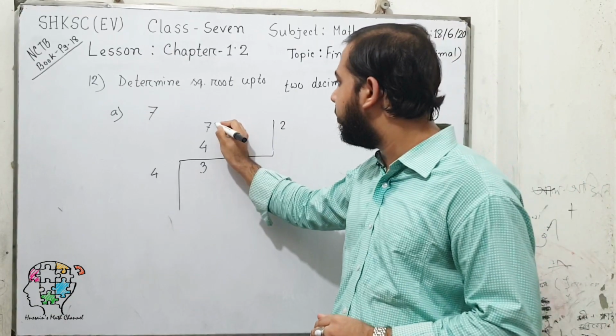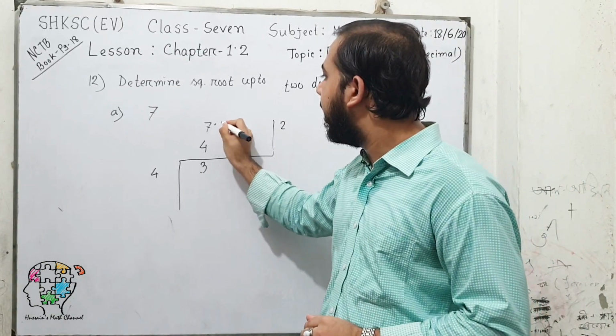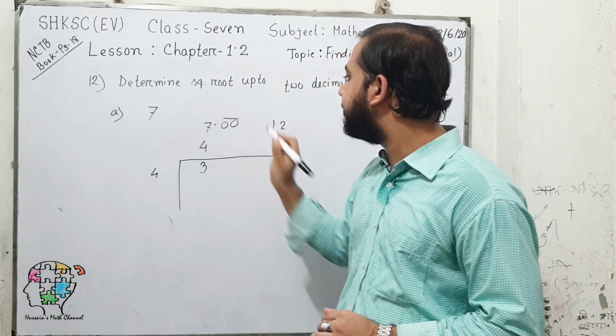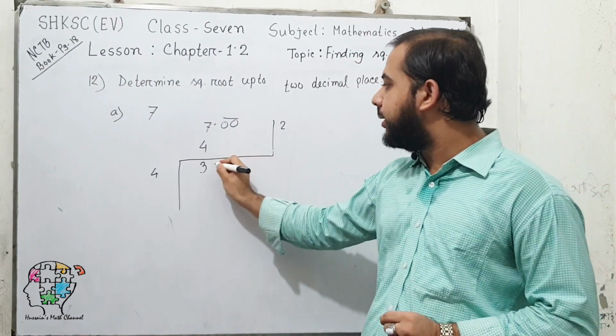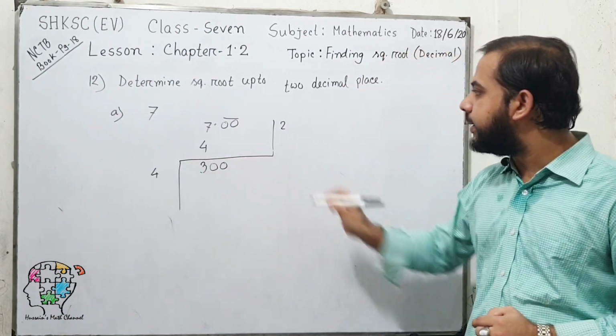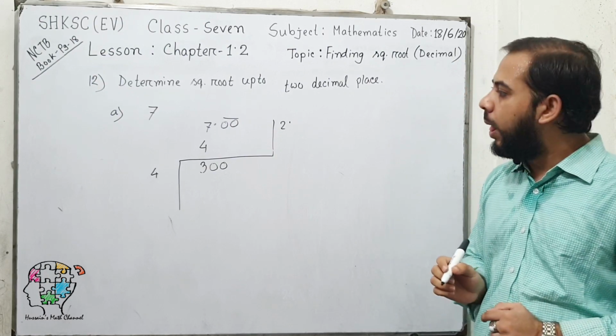So if we put a decimal here and put 2 zeros as a pair, we will get these 2 zeros in the next digit, and also we put a decimal here.